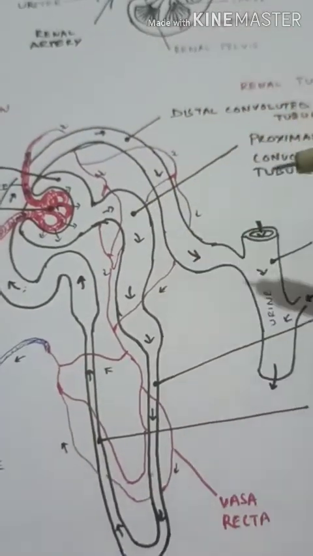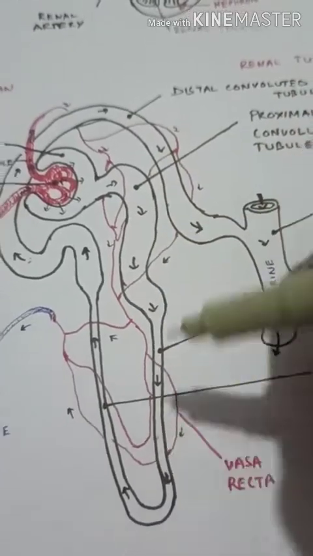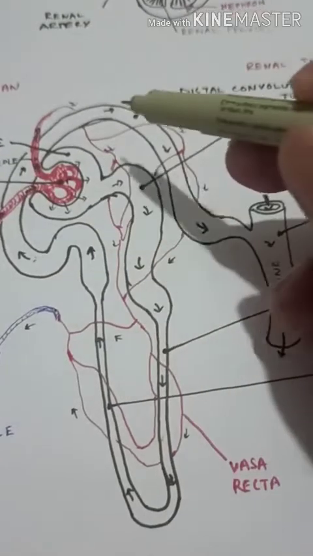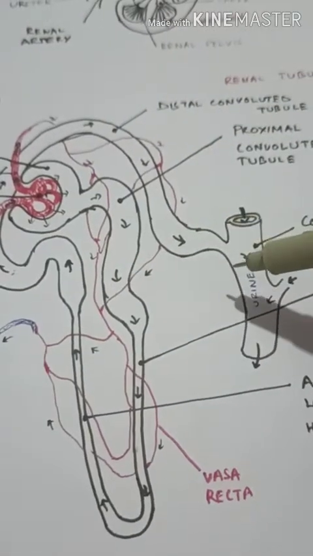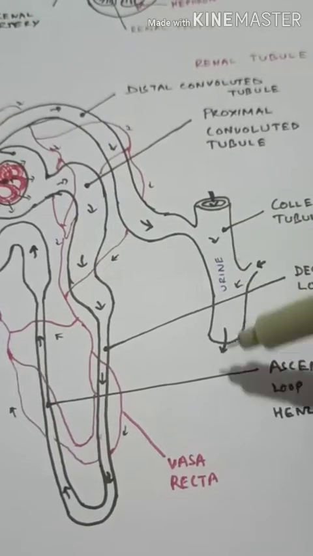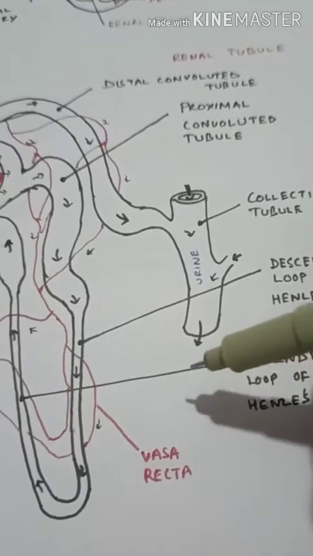So first it enters the proximal convoluted tubule, then through that it goes through the loop of Henle into the distal convoluted tubule, and finally the urine will be formed, and urine will go through the collecting duct into the bladder.